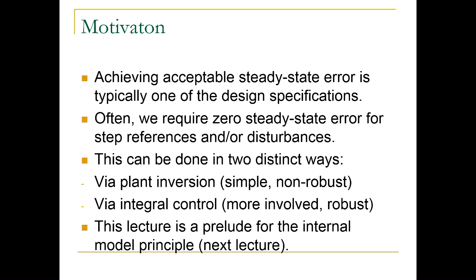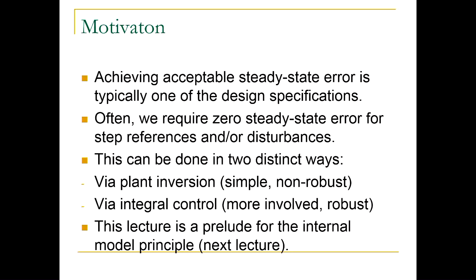For instance, in some applications ramp disturbances might be common, and in others step disturbances may be common. Depending on the application, you would then put requirements on your closed loop performance. Often we do require zero steady state error for step inputs, either references or disturbances or both. And we will learn in today's lecture how to do that.